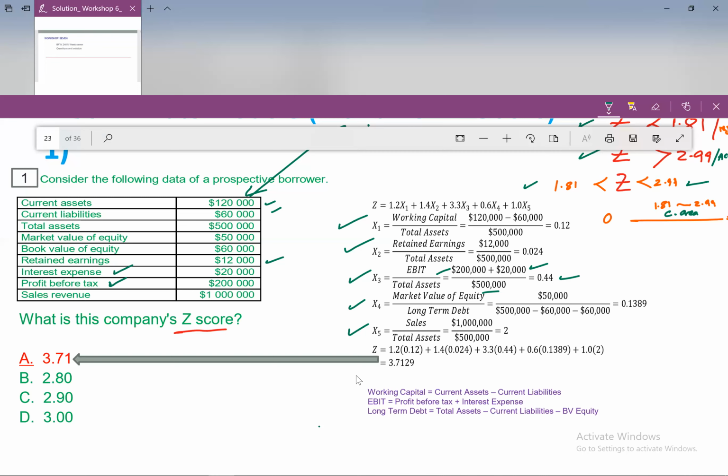If you take the total assets and the total liabilities of this financial statement, this is the assets and this is the liabilities.